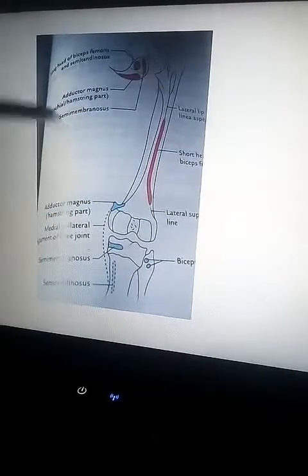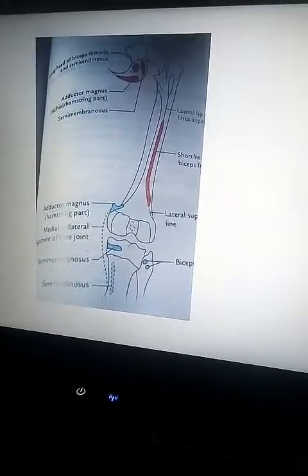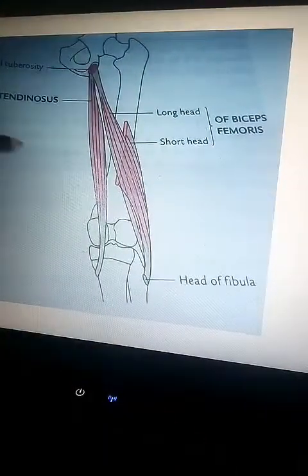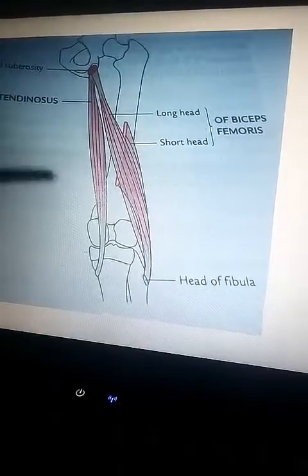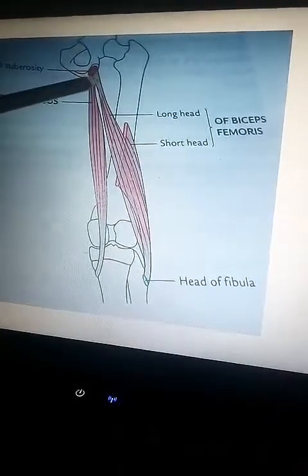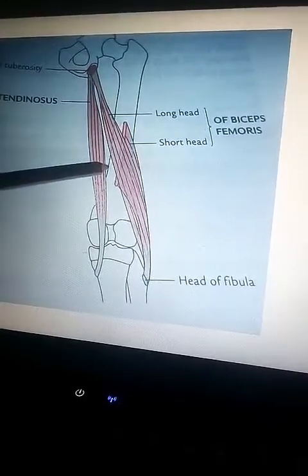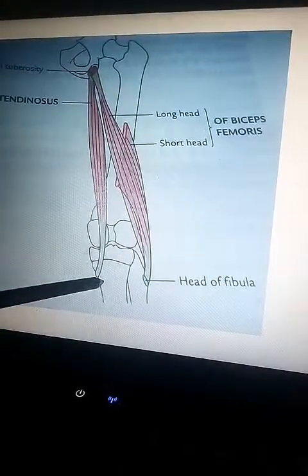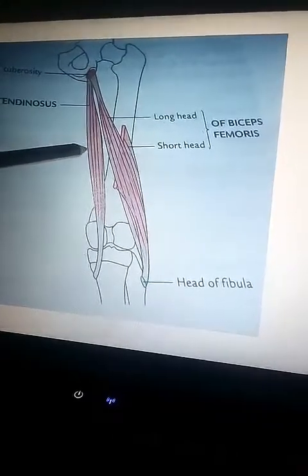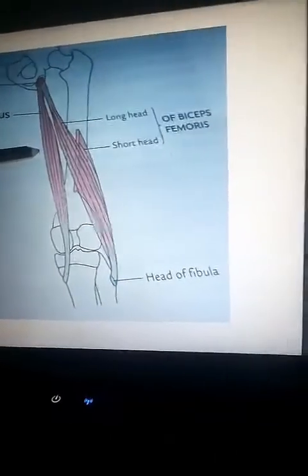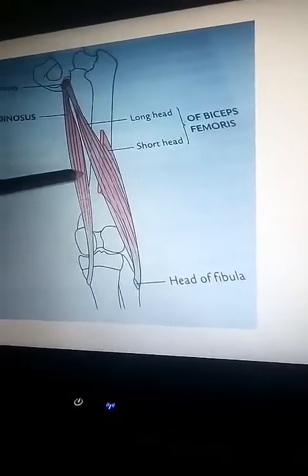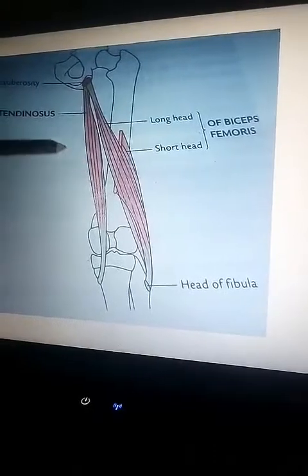The characteristic features of the hamstring muscles are: these all arise from the ischial tuberosity, these all are inserted into one of the bones of the leg, and all are supplied by the tibial part of the sciatic nerve. And last, all are flexors of the knee and extensors of the hip joint.